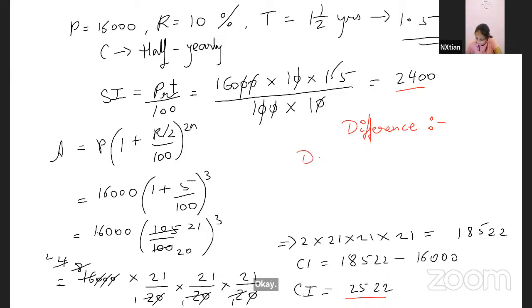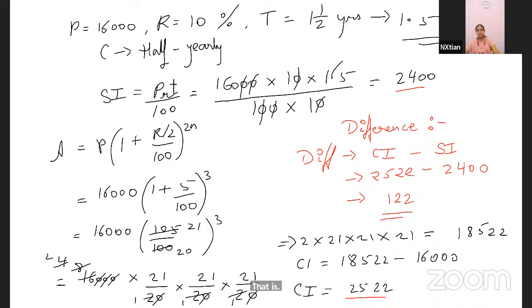Yes. So difference will be compound interest minus simple interest. 2522 minus 2400 is 122. So the difference is 122.